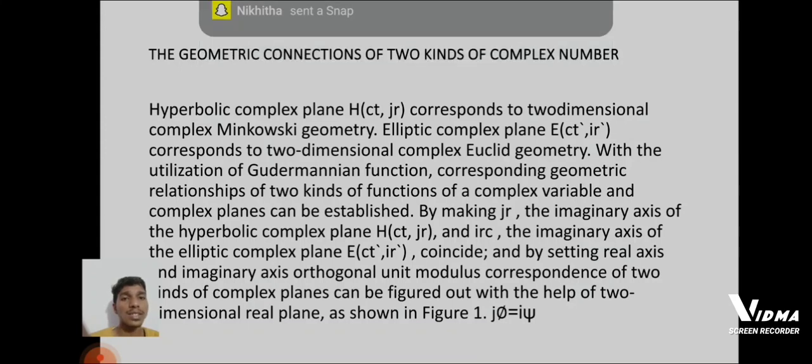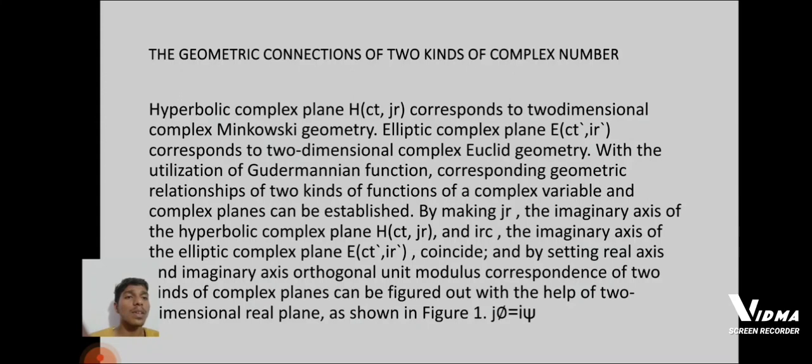Corresponding geometry relationships of the two kinds of functions of a complex variable and complex planes can be established by making jr, the imaginary axis of the hyperbolic complex plane H(ct, jr), and ir dash, the imaginary axis of the elliptical complex plane E(ct dash, ir dash), coincide. By setting the real axis and the imaginary axis orthogonal, the unit modulus correspondence of the two kinds of complex planes can be figured out with the help of a two-dimensional real axis, as shown in the figure.